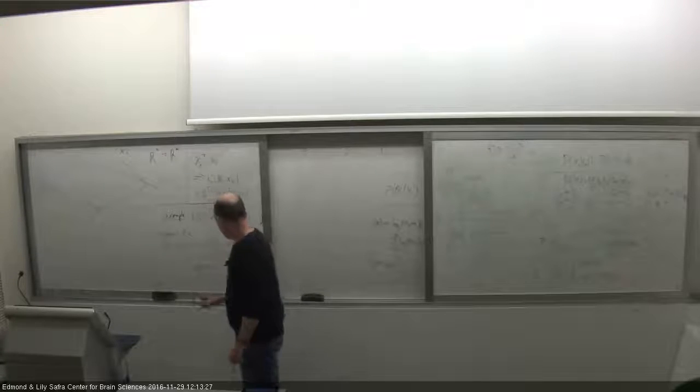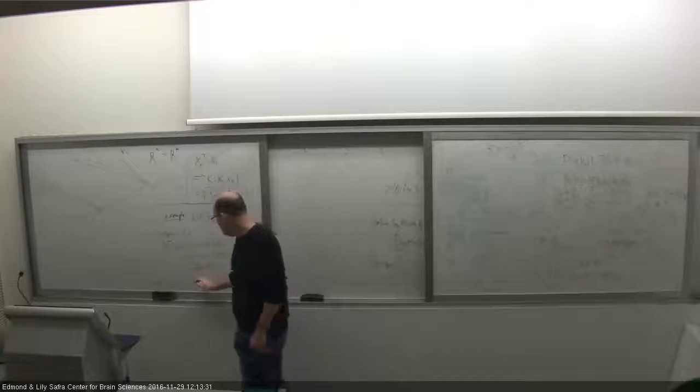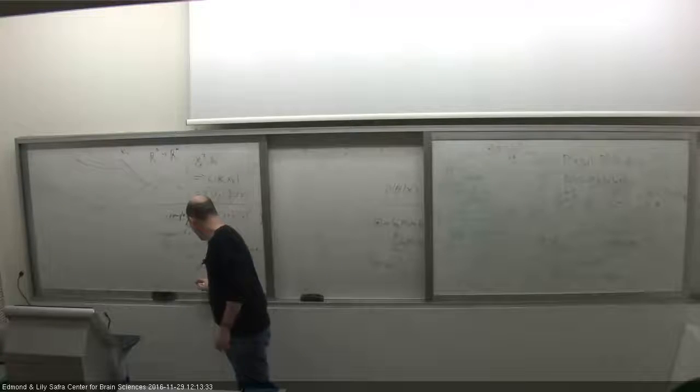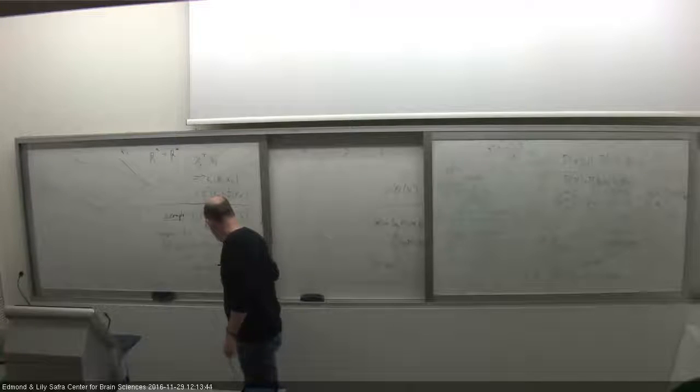So the dimensionality of these vectors, what is it? It's 1. So m here will be 1 plus n times (n plus 1) over 2.